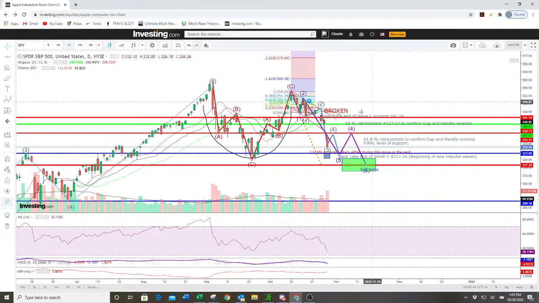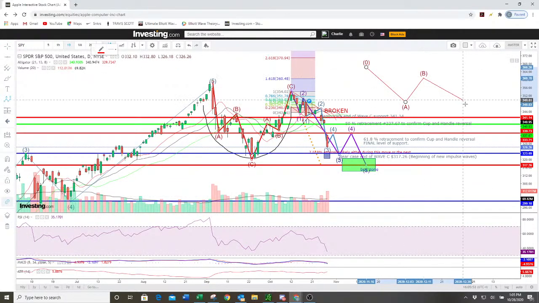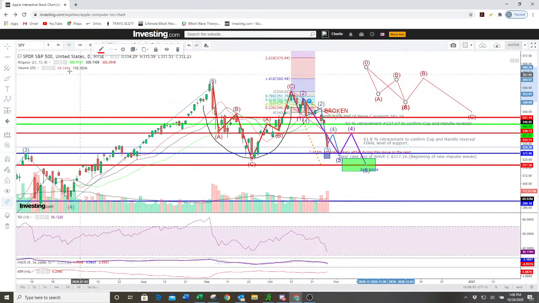So since we had that invalidation, what we have to look at now is a deeper correction, at least of an A, a B, and a C. Now, when we see these corrections, usually they come in the form of a 3-3-5, this zigzag pattern. So what we're looking for now is an ABC within that ABC.